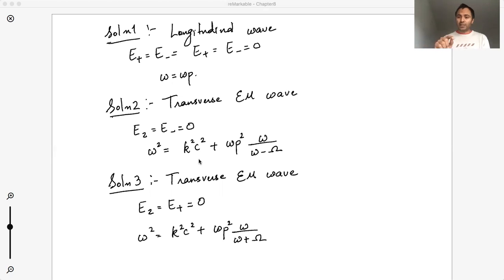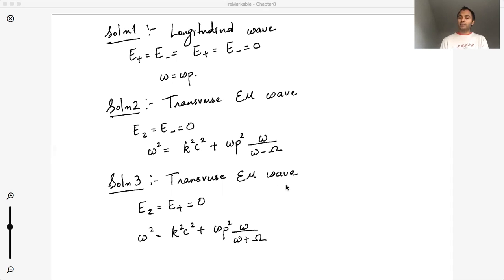Protons go in the opposite sense. Now, if you have the electric field also rotate in the same sense, it'll have a different effect. The electrons will have a different effect on that electric field than if the electric field is rotating in the opposite sense to the electrons. And that's the reason why you get 2 different dispersion relationships for the waves.